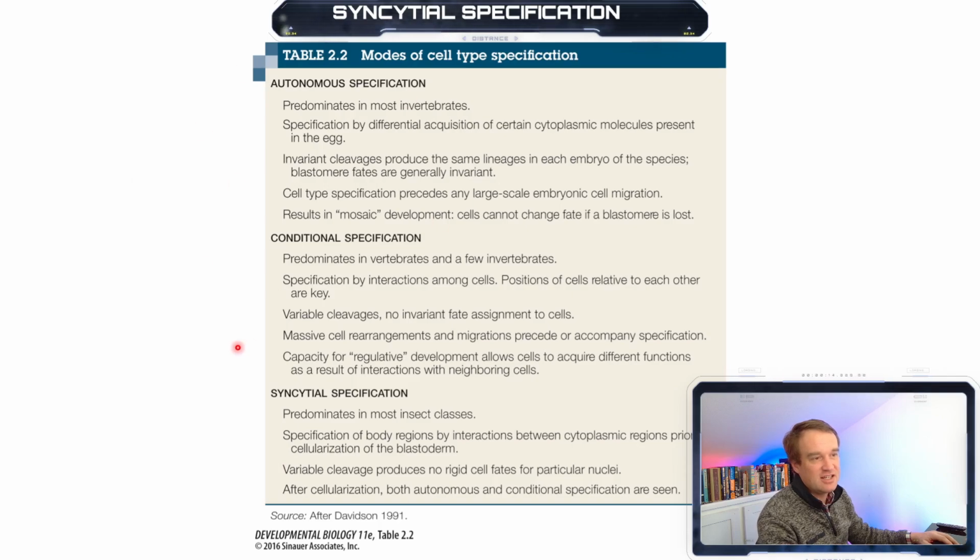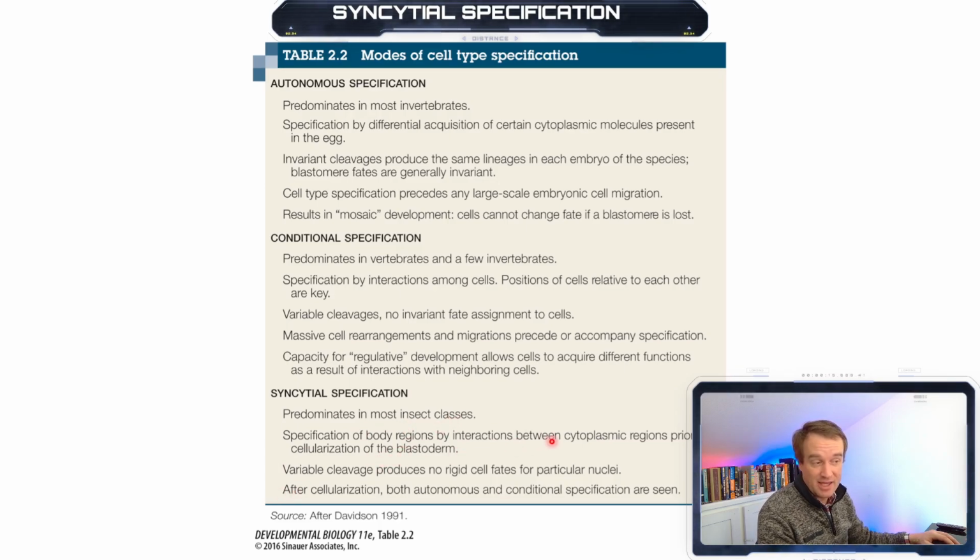This is another roundup provided by the textbook of the three types. We already had one that compared conditional and autonomous, so this is just for your information and I'm not going to rehash it. I'll just add that syncytial specification predominates most in insects.